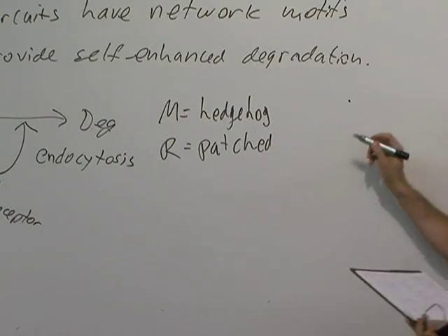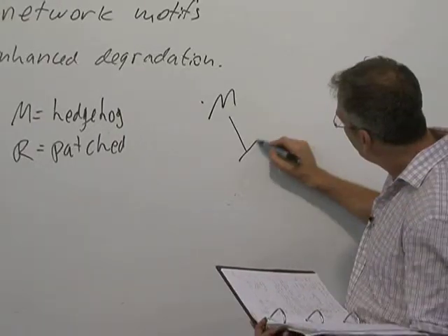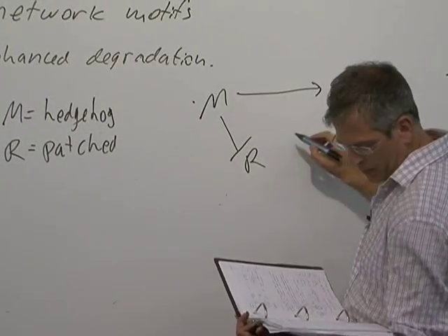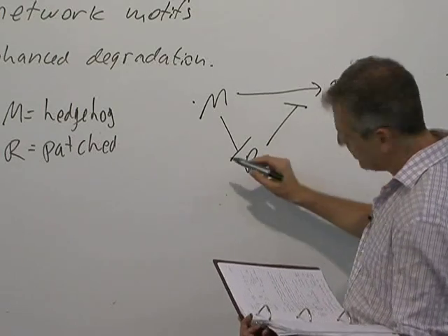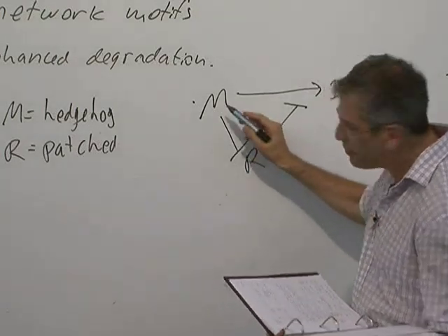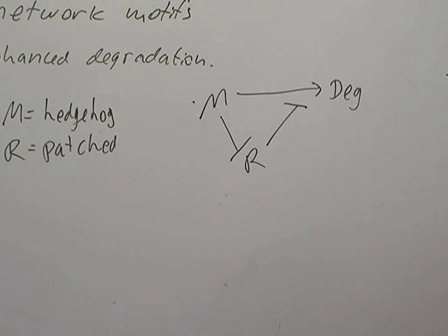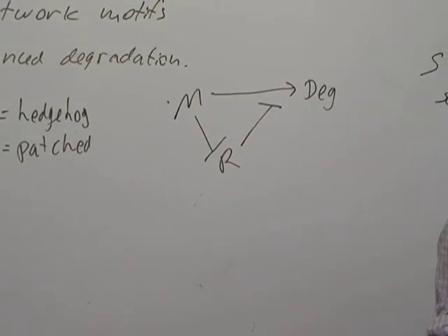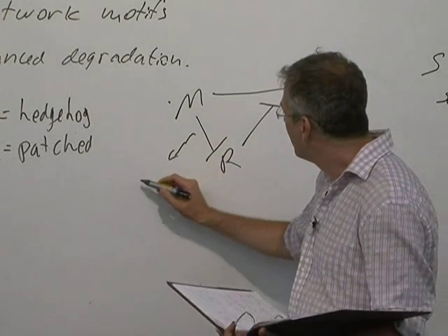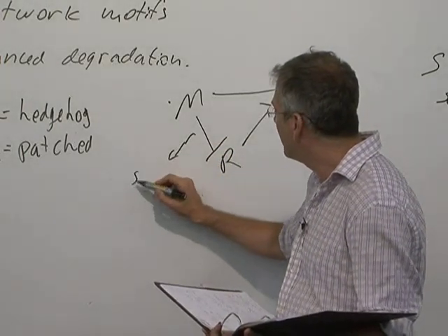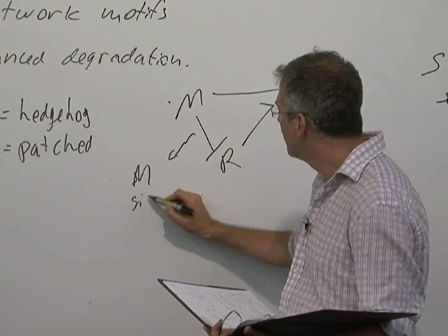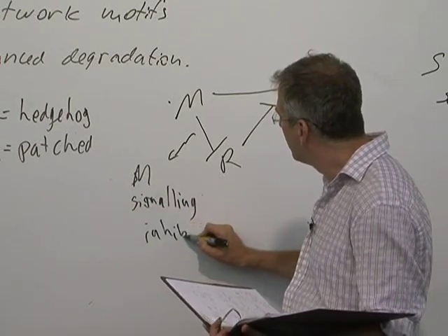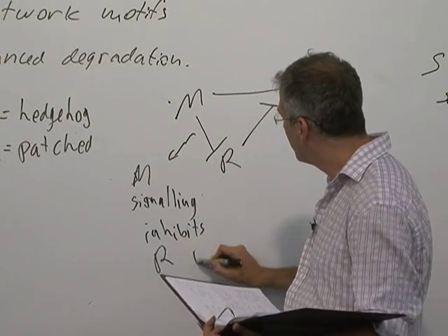And there's another motif which looks like this. So what's going on here? Binding of morphogen to the receptor causes signaling that makes the cell make less receptor. So M signaling inhibits receptor production.